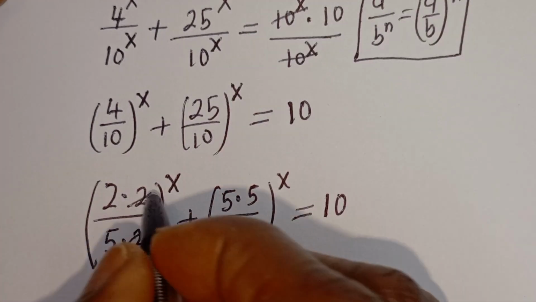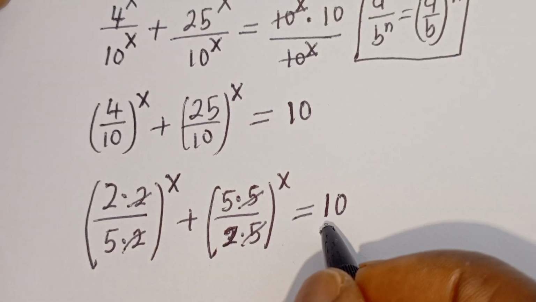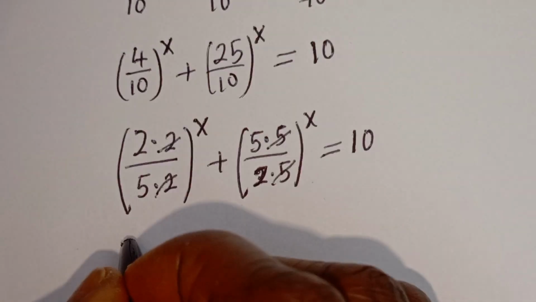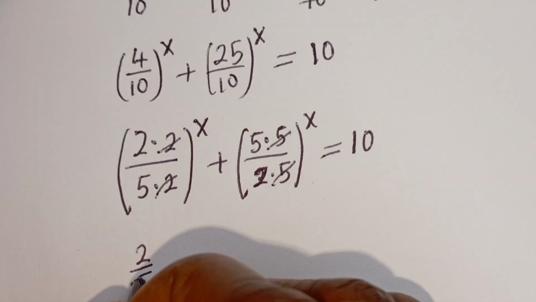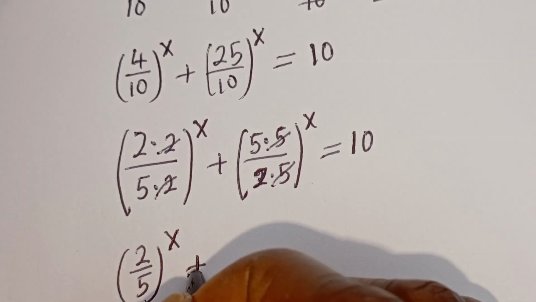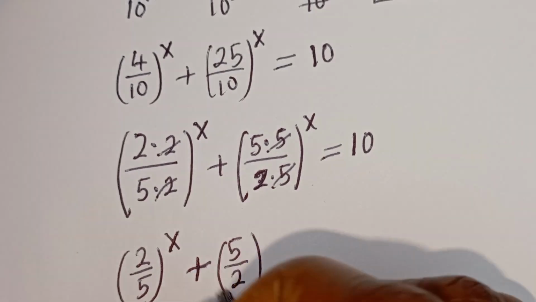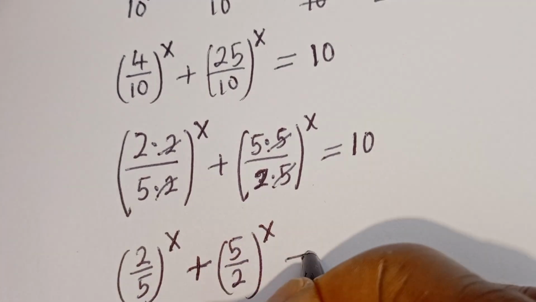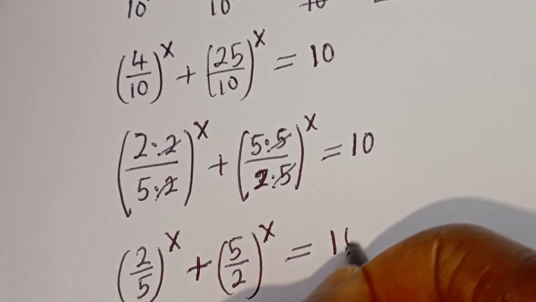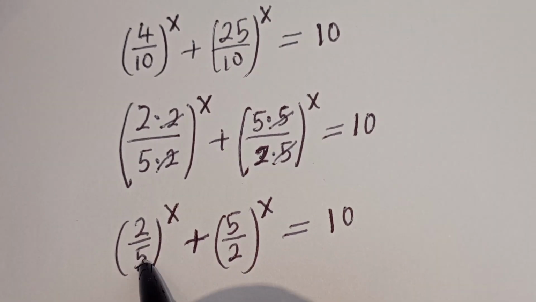These 2 will cancel this. This 5 will cancel this 5. Then we have 2 divided by 5 to the power of x plus 5 divided by 2 to the power of x is equal to 10. Now here we have 2 divided by 5 to the power of x.